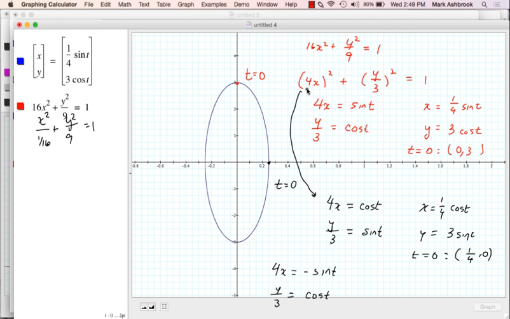Oh no, it is 8. Because this could be sine or negative sine, this could be cosine or negative cosine, and then for each one of those, you take the other function plus or minus. So we could have cosine and then plus or minus sine. Then we could have negative cosine and plus or minus sine again. So there's 8 different ways that we could fit plus or minus sine and plus or minus cosine into these to get a function. They'll all start at different points and have different directions.